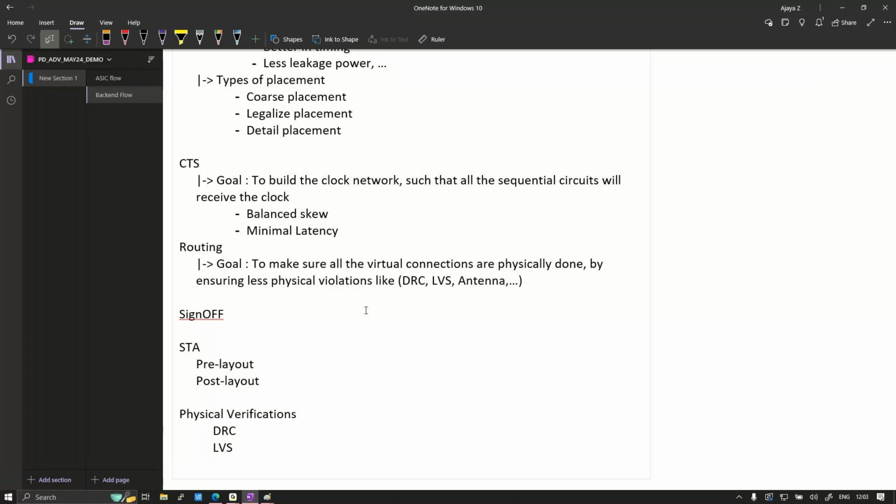The biggest factor we observe when going to lower technology is that more rules have to be verified. As I said, double patterning or FinFET related checks will be added extra, and you will also have extra leakage power related control. The only advantage is that the area of the circuit will be very, very small compared to the higher technology nodes.